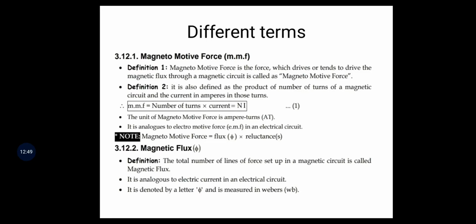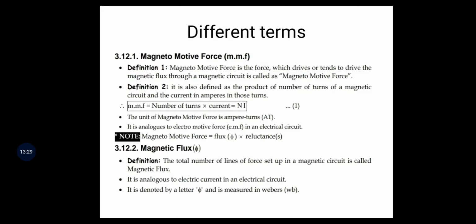Here, electric current is analogous to magnetic flux. In an electric circuit, current flows; similarly here, magnetic flux flows. I and magnetic flux are similar in nature.